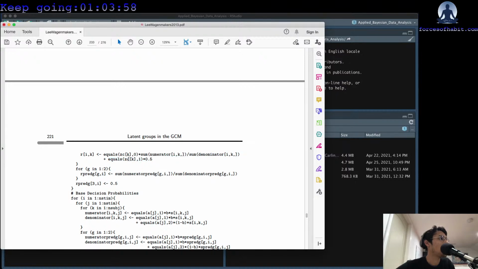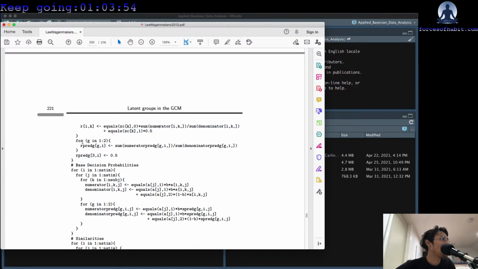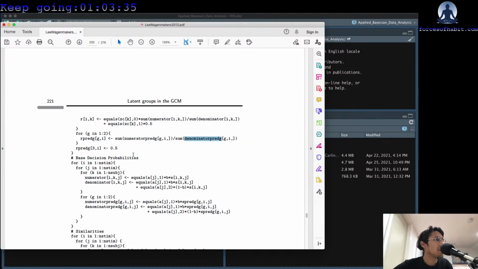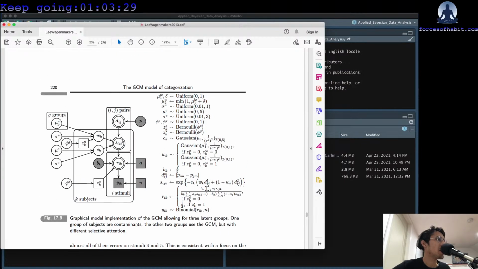If it's equal to 1, use this times that. Then for one of the two groups, because in this G, we're only looking at the two groupings, right? And then the third one is just 0.5. So if it's part of the two groups, use the numerator and denominator descriptions or derivations. And this is just applying the formula above here.